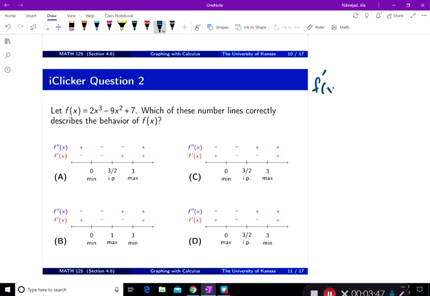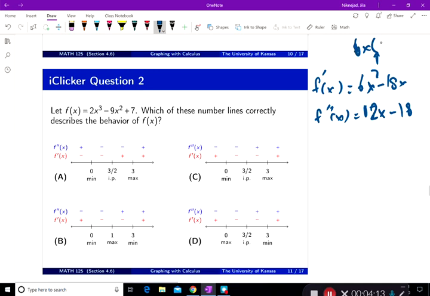F prime of x is 6x squared minus 18x, and f double prime of x is going to be 12x minus 18. So for the roots of the first one, I can factor 6 and x, and I get x minus 3.